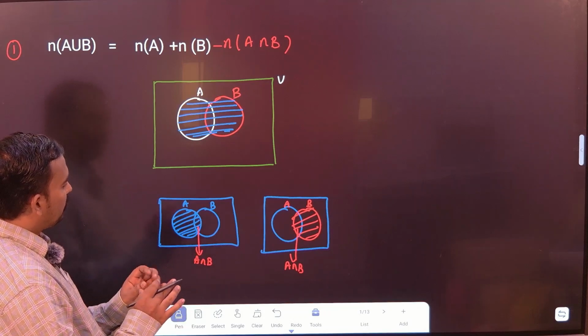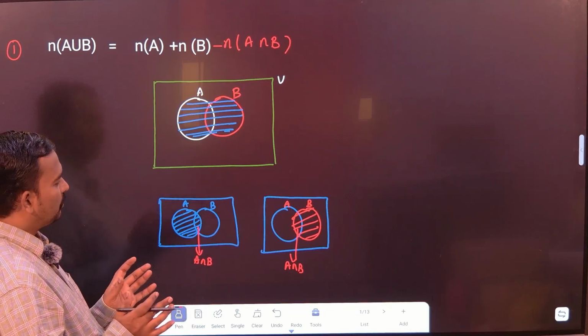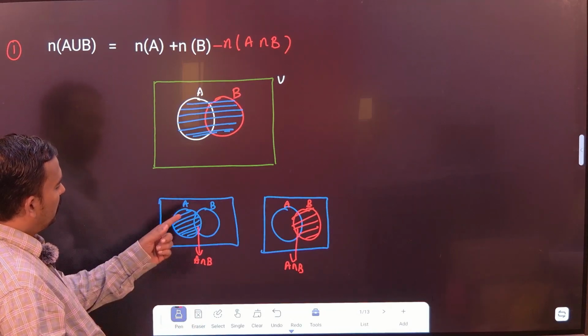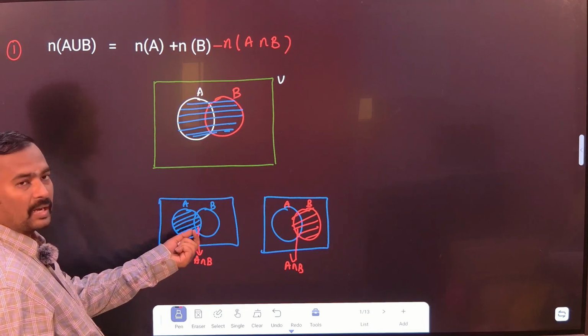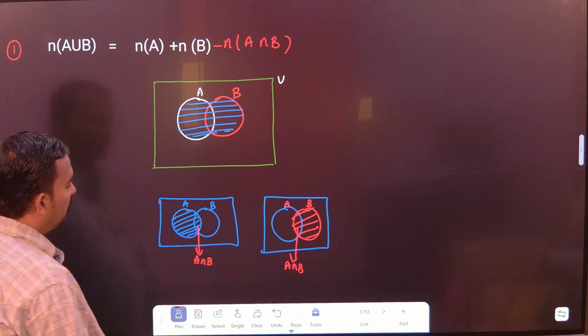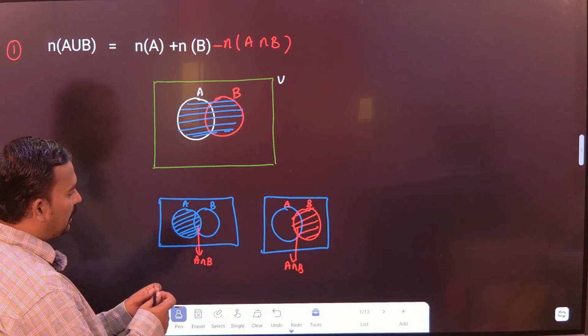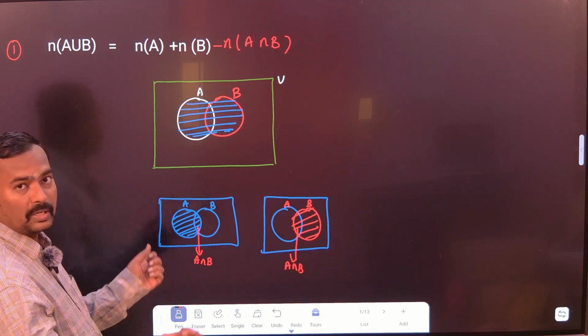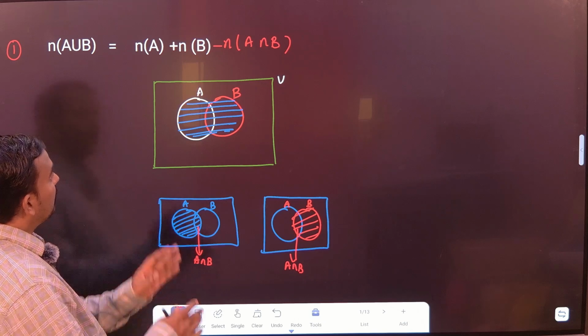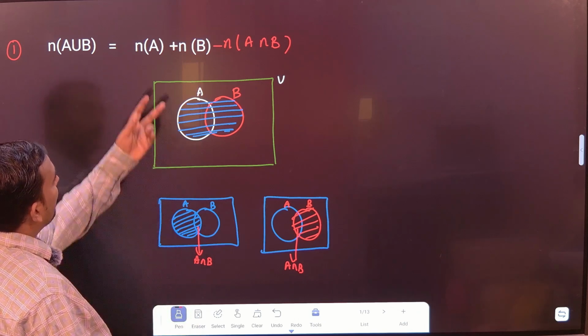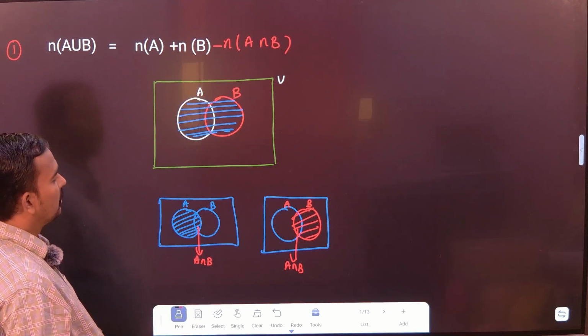So if you need A union B, one time you have to add the A intersection B. Here it is included two times, so you have to exclude one time, right? That is the inclusion and exclusion. You can see you're adding and subtracting here. Understood?